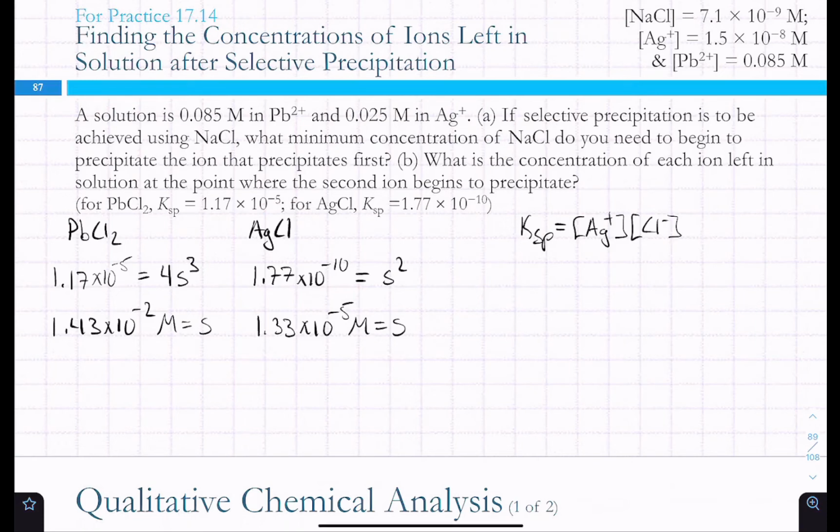Once again, the only brave soul. Okay, so this is for silver, so we're going to use 1.77 times 10 to the negative 10. And we know what our silver concentration is, 0.025 molar. And we want to know what the chloride concentration is.